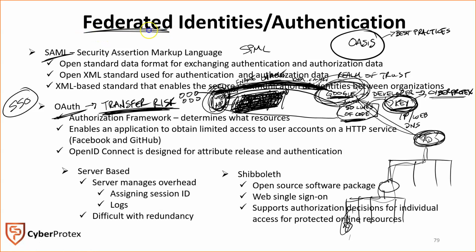You'll probably see the word federated identity. You'll probably see SAML. Know that SAML and SPML are both XML based. I showed you that format where they have those little caret tags in it. We'll call them alligator tags since we like gators around here: the greater than and less than signs.